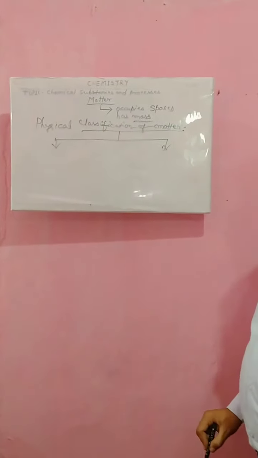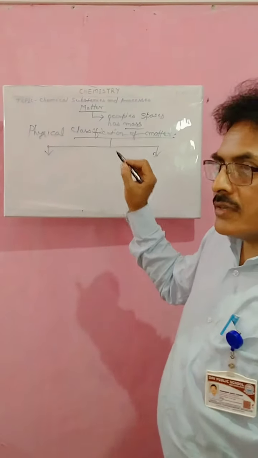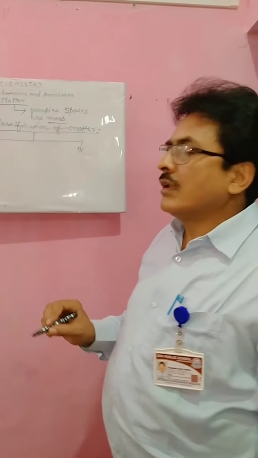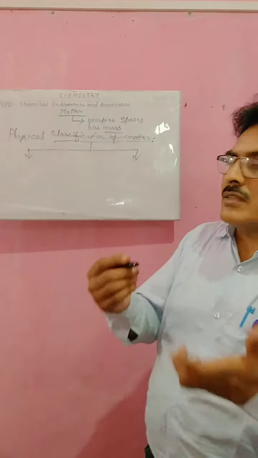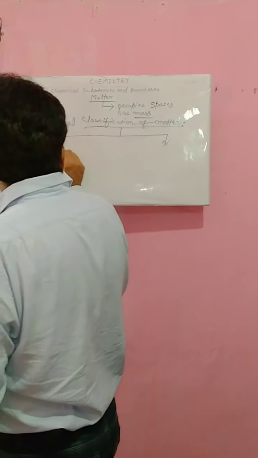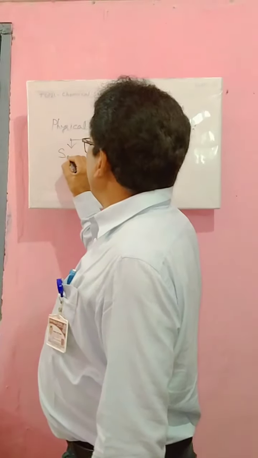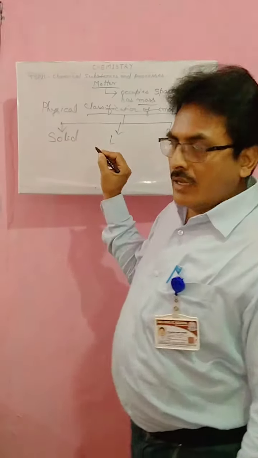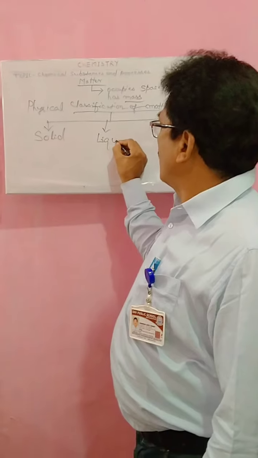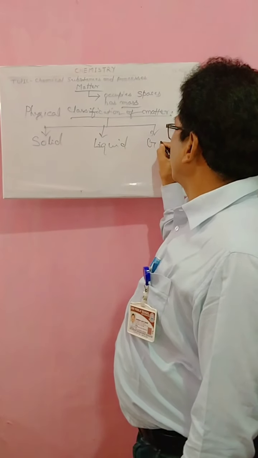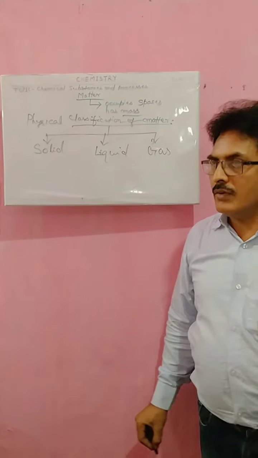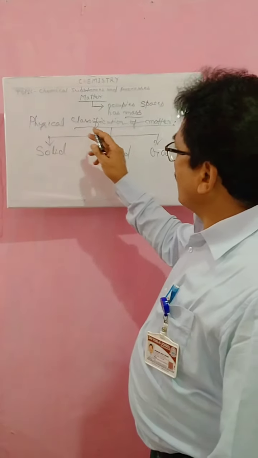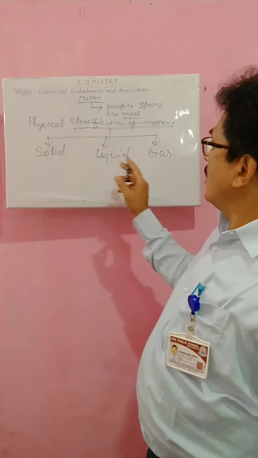On the basis of physical classification, matter consists of three parts in general, at the level of class 7: solid, liquid and gas.